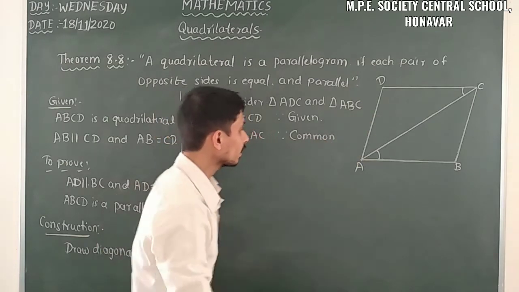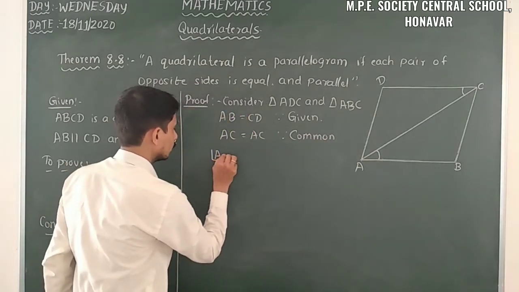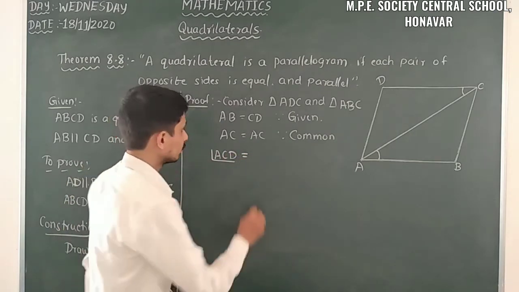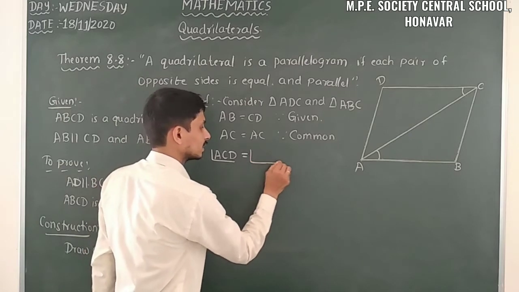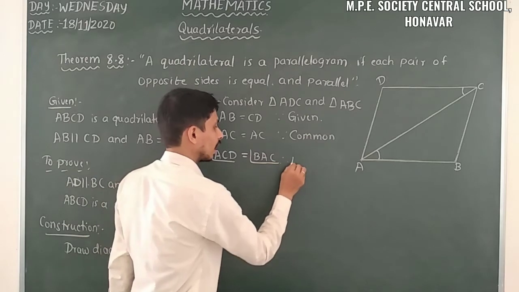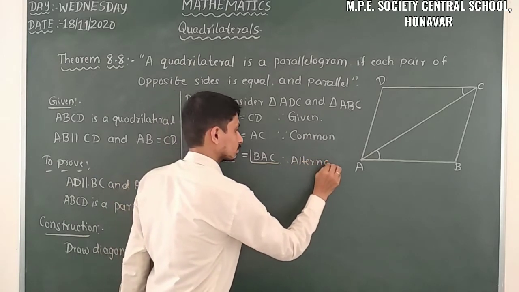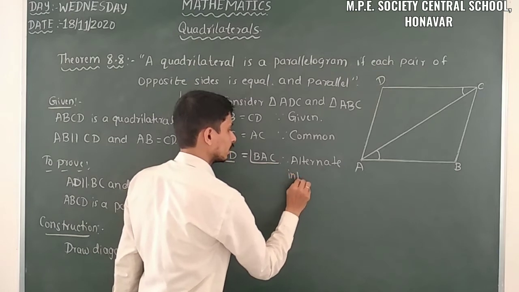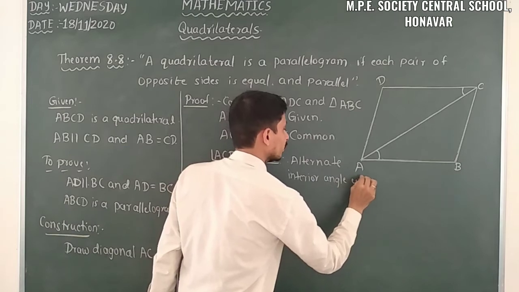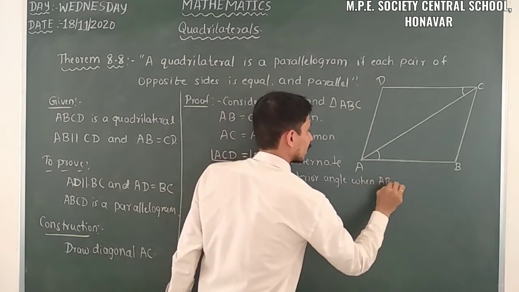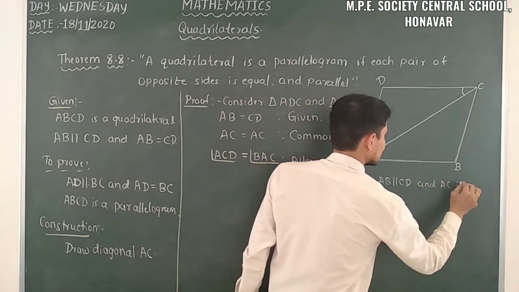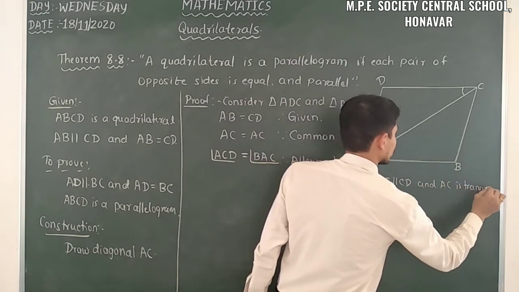That is, angle ACD is equal to angle CAB, or BAC, because they are alternate interior angles when AB is parallel to CD and AC is the transversal.